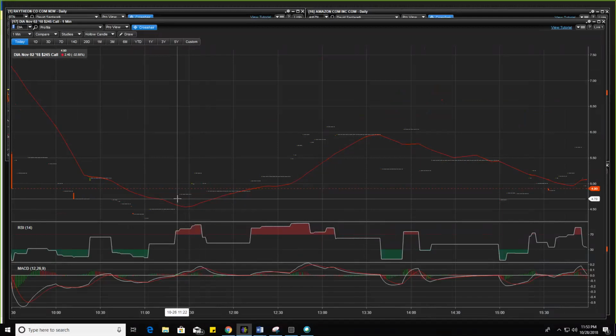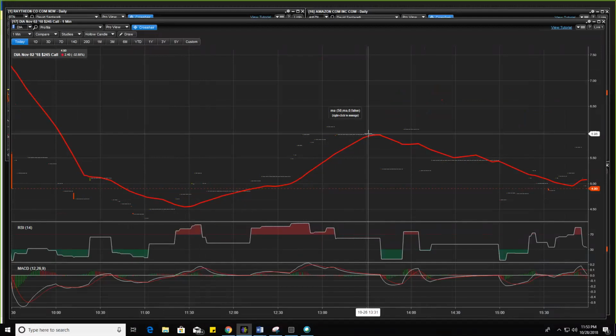Where's our sell signal? At 13:30. That was at 5.95. So now if you get your calculator and divide 5.95 by 4.7, that's a 26.6% return.